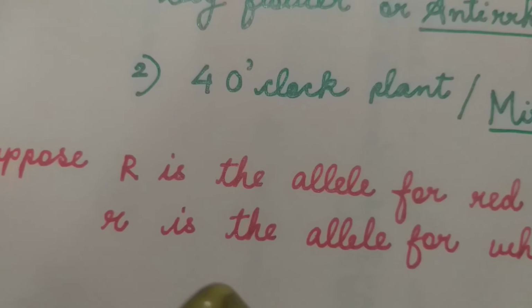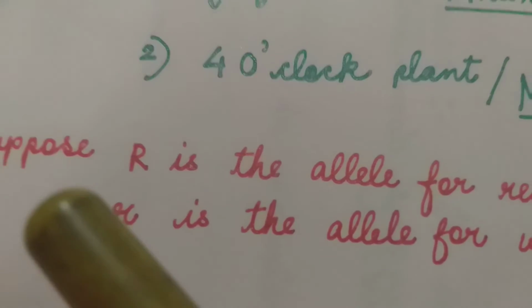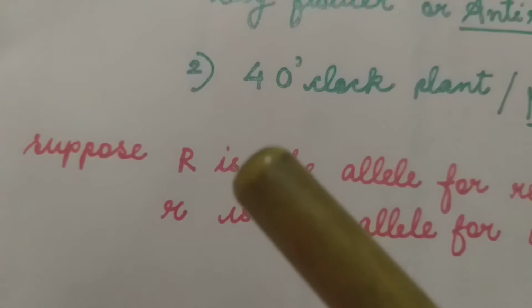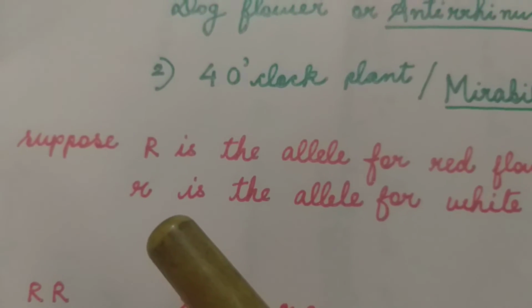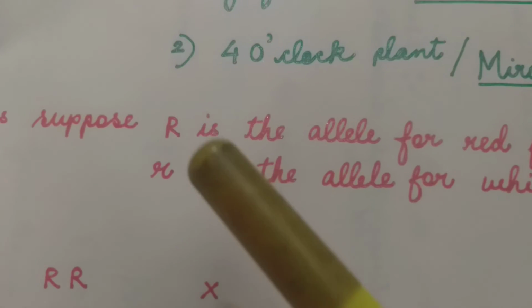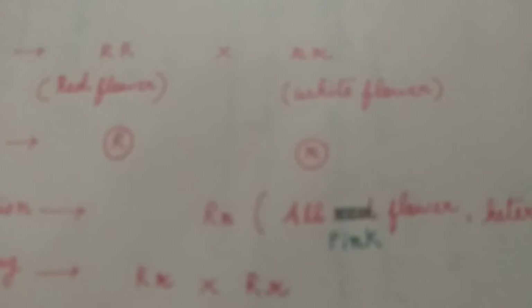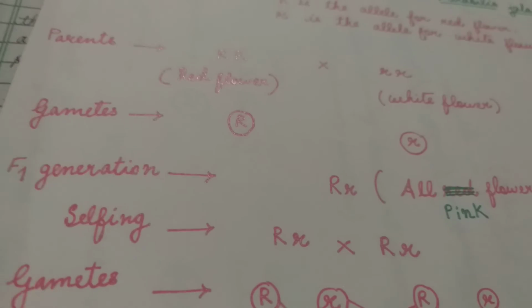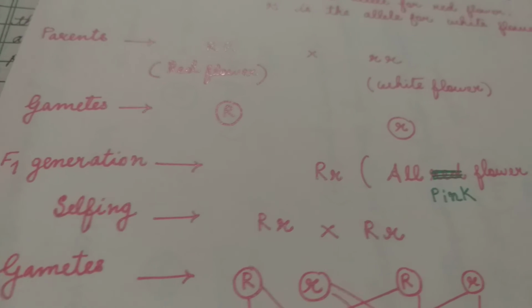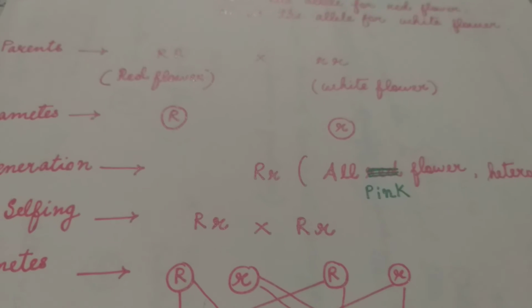Capital R cannot completely suppress the expression of small r. Capital R is incompletely dominant over small r. So both the alleles express themselves in the F1 generation partially, giving a new phenotype, pink flower.